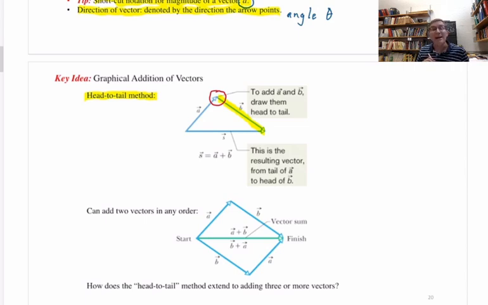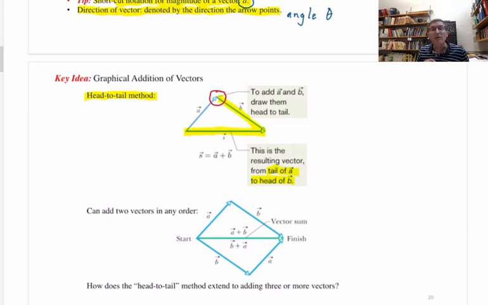Then I want to add A and B. We'll call the result S arrow for sum, S-U-M. In the head-to-tail method of adding vectors, the sum of A and B points from the tail of A to the head of B. Or, to say it slightly differently, from the tail of the first vector to the head of the second.